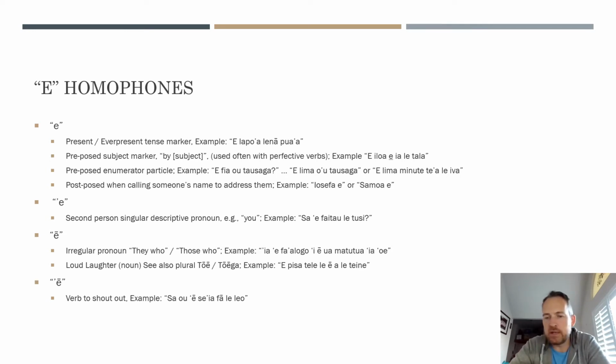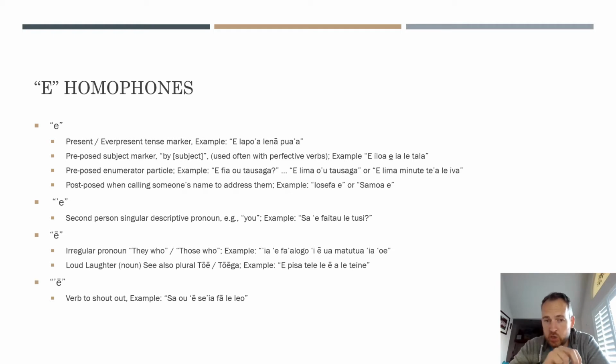All right, third meaning of just a without a glottal or a macron. It's a preposed enumerator particle, and so basically it's used with numbers to mark numbers. So, for example, for those of you that grew up in Samoan homes, you may have heard this question before. E fia o tausaga. It's a question you sometimes ask little kids. It just means how old are you? Really what it translates literally to is e fia.